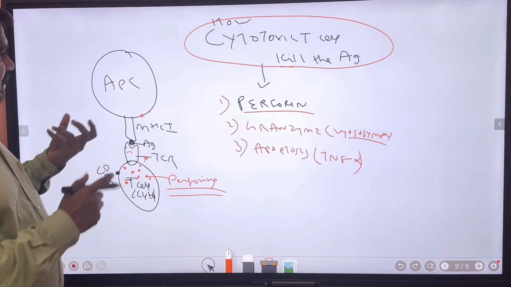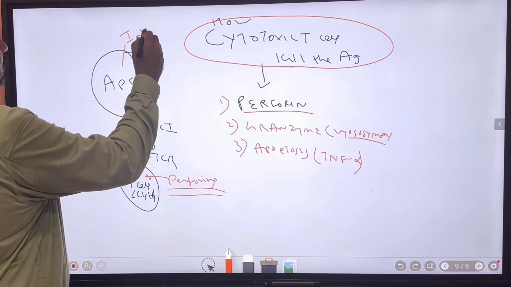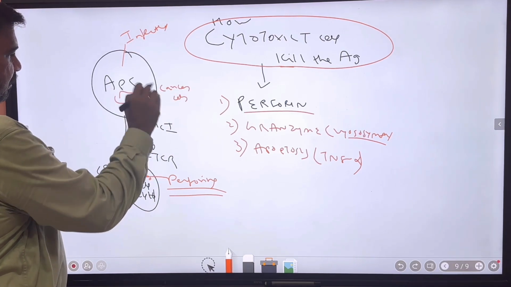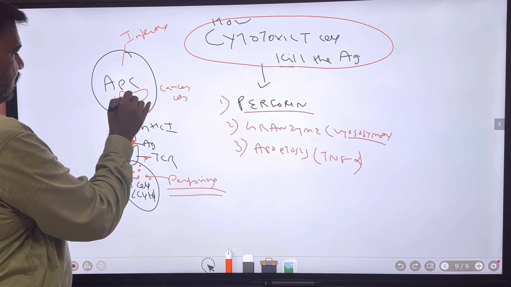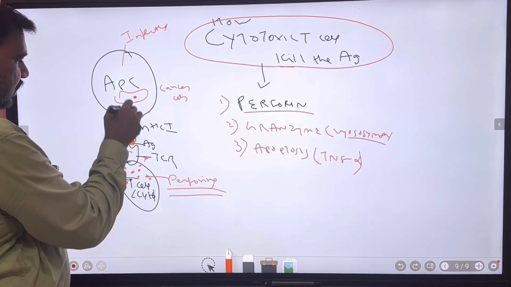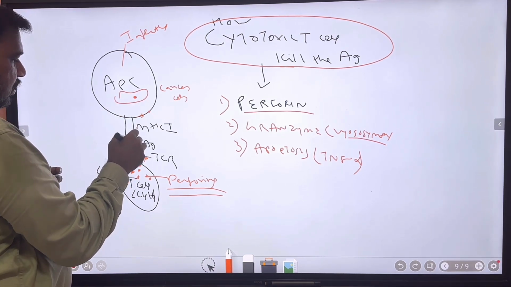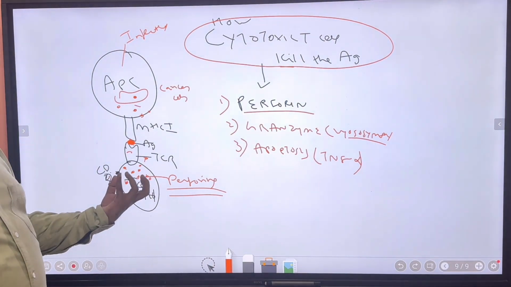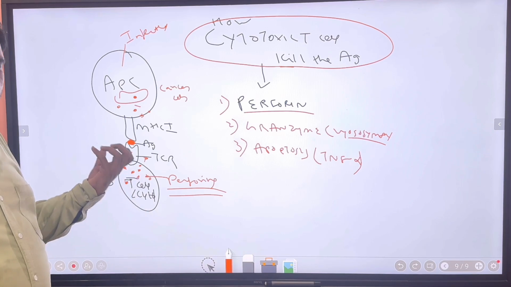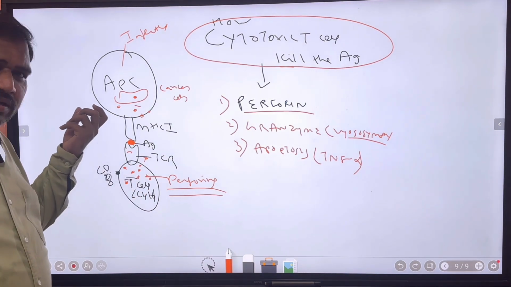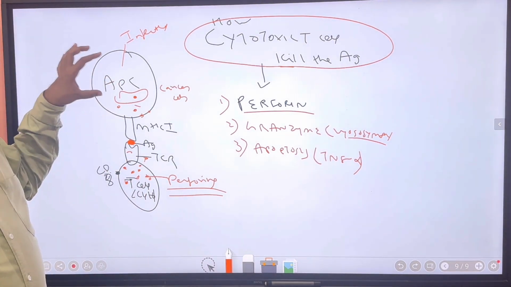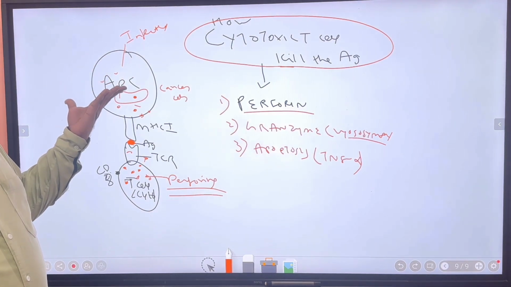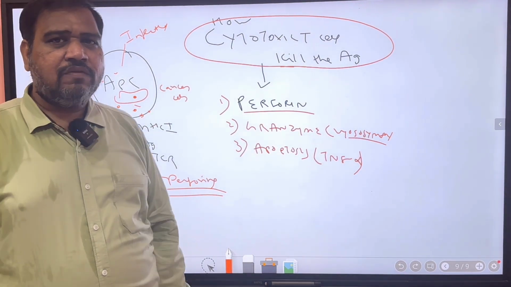For example, if this is an infected cancer cell having that virus, and the antigen is being presented by MHC1, these perforins are released, and this entire cell can also be destroyed by the cytotoxic T cell. That's the power of this cytotoxic T cell. It can destroy the antigen, or even the antigen presenting cell as a whole if it is damaged, by a process of apoptosis.